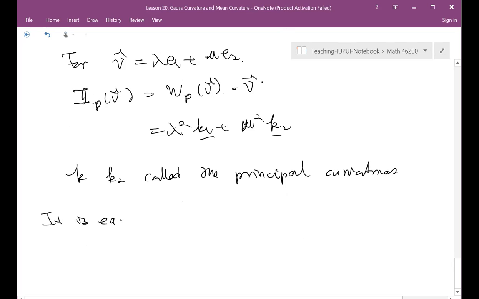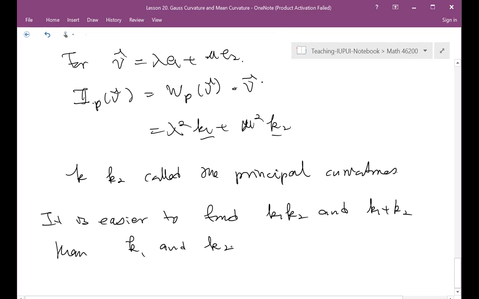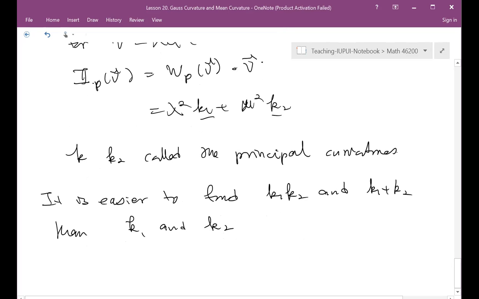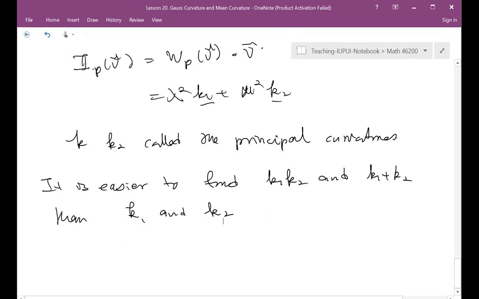Maybe it's easier to find the product K1 K2 and K1 plus K2 than K1 and K2 separately. But if you can find the sum and the product, then you can determine K1, K2.